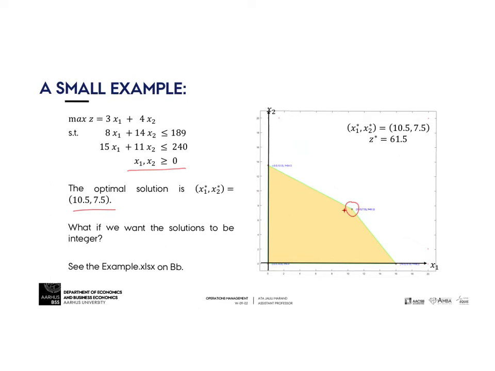Now, what if we want the solutions to be integers? Then, of course, you can solve this model in the Excel solver. So now we use this case to explain how to solve integer programming models.